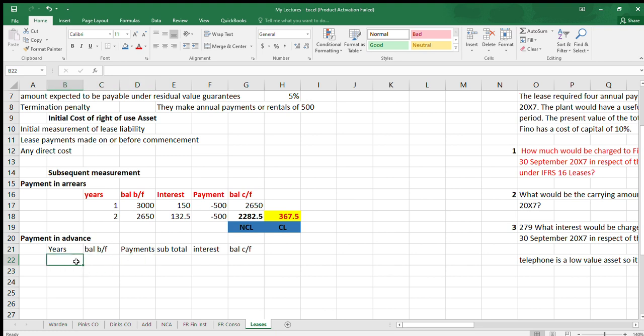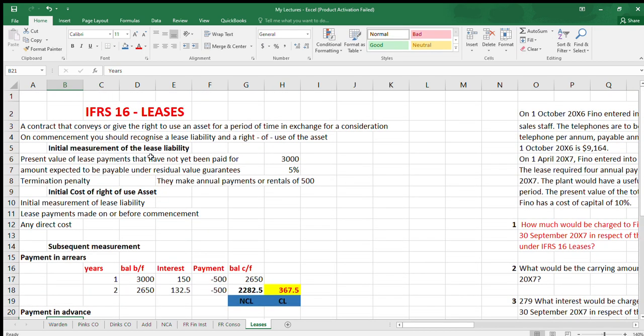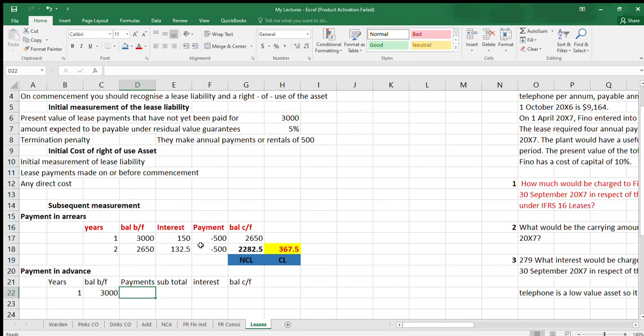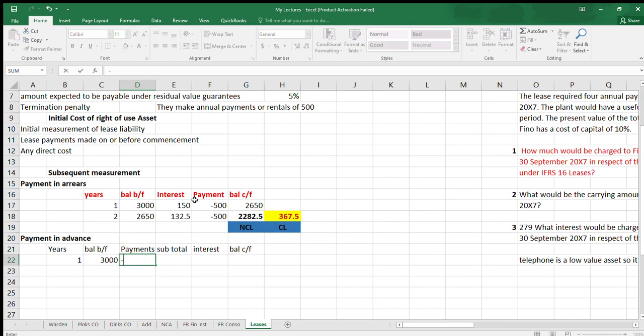So year 1, we are using the same example. The present value of the payment is 3,000. And payment is our normal 500. It's fixed, it's constant, so our 500. So our subtotal is this minus this one. That's 2,500. The reason is that this is our liability we haven't yet paid for.